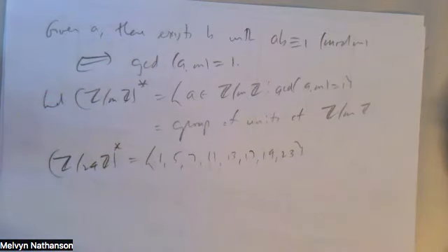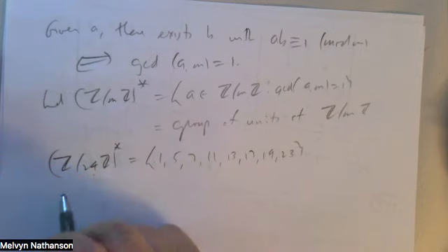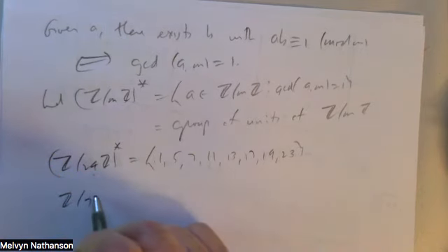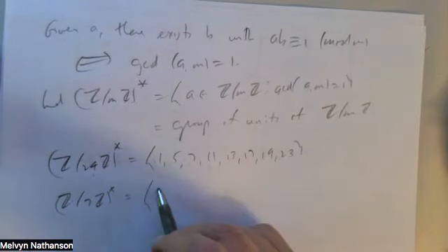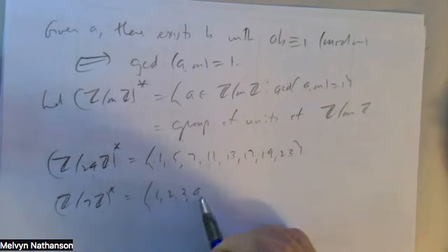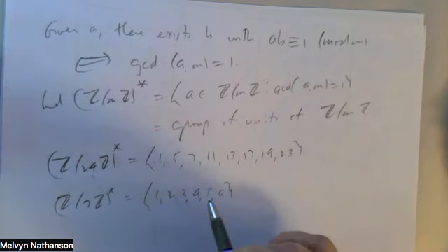So there are 8 numbers that are relatively prime to 24 in Z mod 24Z, and those are the units. If you look at Z mod 7Z, these are the numbers between 0 and 6 which are relatively prime to 7. And that's everything except 0.